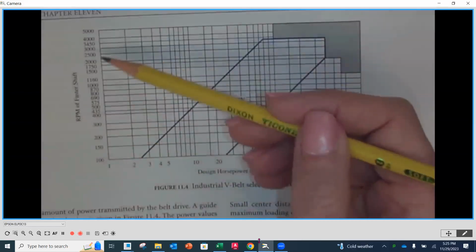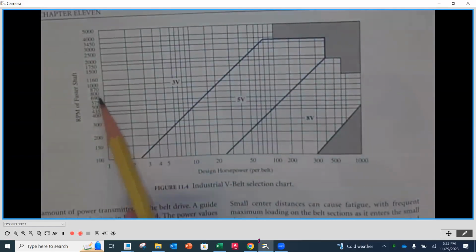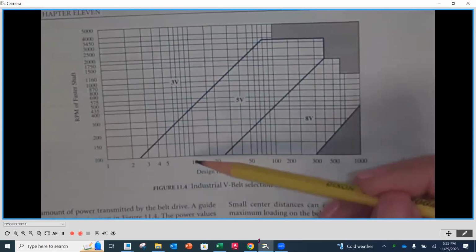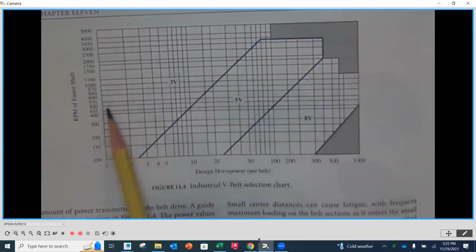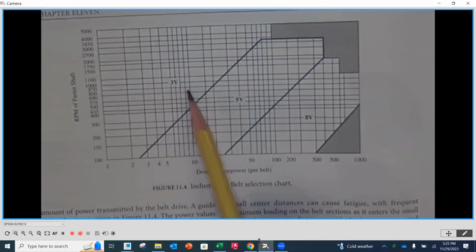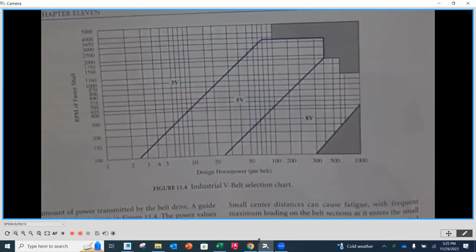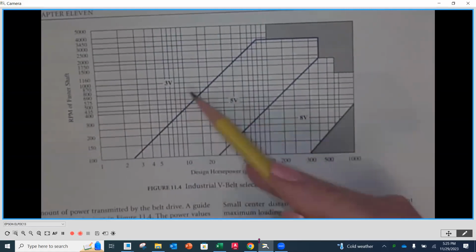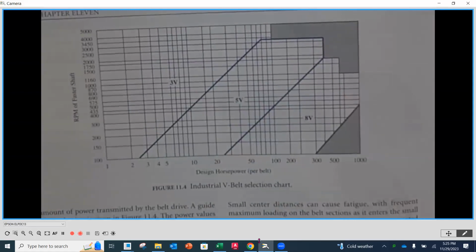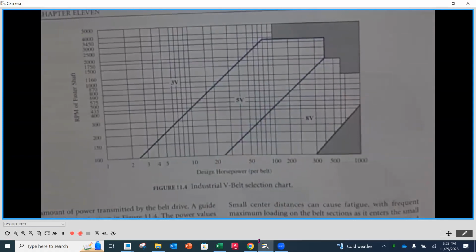So you're going to find your RPM here. It can be 800 RPM, for instance, and we have 10 horsepower that we're pushing through. If we pull those together, it lands right about here, and that means it would be appropriate to use a 3V belt. Then you would do the same thing for any other applications that you have. That's how you get in the ballpark.